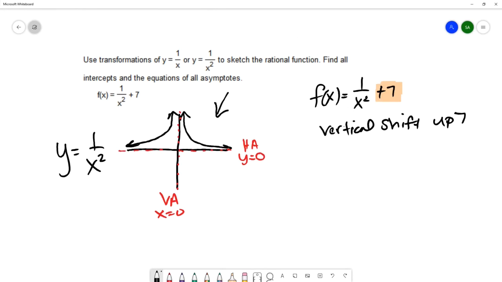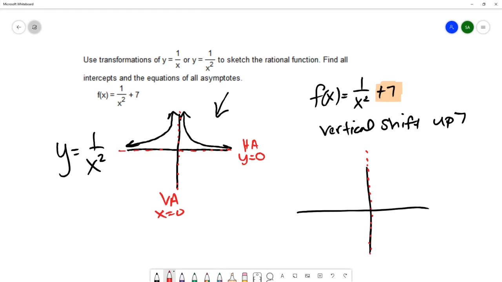And so I'm imagining on this picture here transforming by going up 7. And when I imagine transforming, I'm also going to shift the asymptotes at the same time. So if I were to shift those asymptotes up, the vertical asymptote doesn't change because if you take a vertical line and you shift it up, it's still a vertical line.